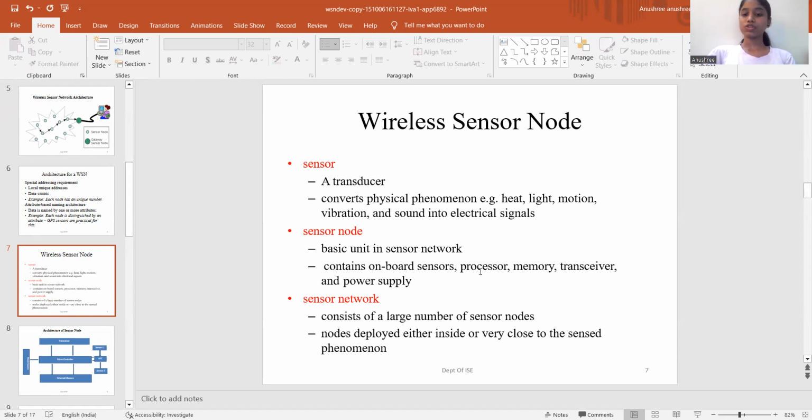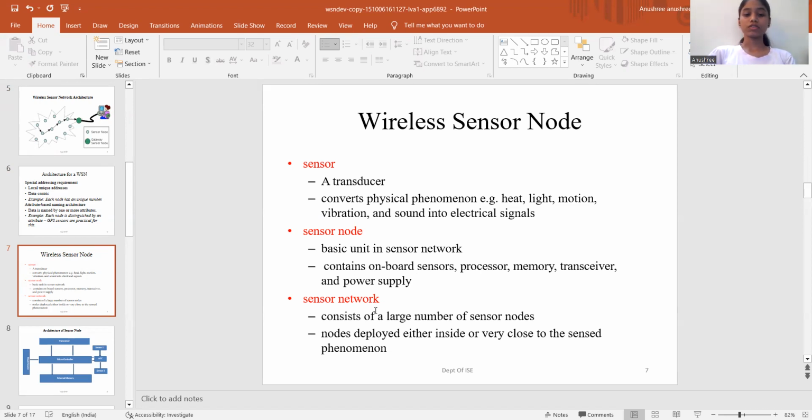Here, the processor is used to process the data, and the memory is used to store the data. A transceiver is an electronic device that is a combination of a transmitter and a receiver. Onboard sensors are used to sense signals such as heat, light, motion, vibration, and sound, and a power supply is used to provide the current.